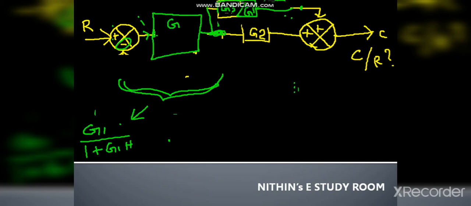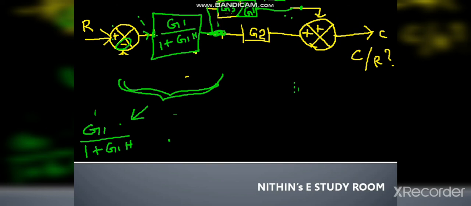The value is G1 by 1 plus G1H. This is the fourth step. You are eliminating one feedback path, which is a negative feedback system.